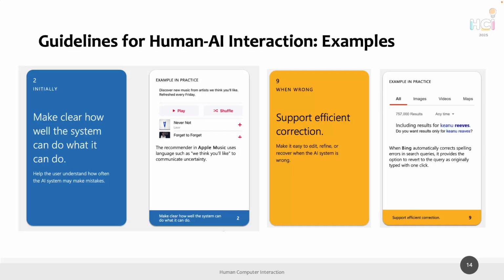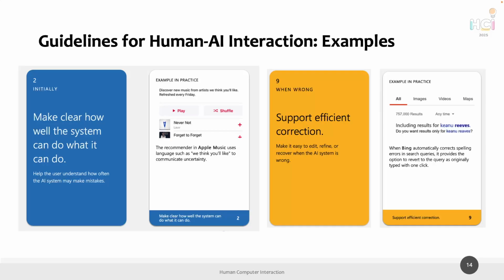For example, this one in blue is a guideline which is important before the interaction. The guideline is: make clear how well the system can do what it can do. Help the user understand, for example, how often the AI system can make mistakes. This is very, very important.